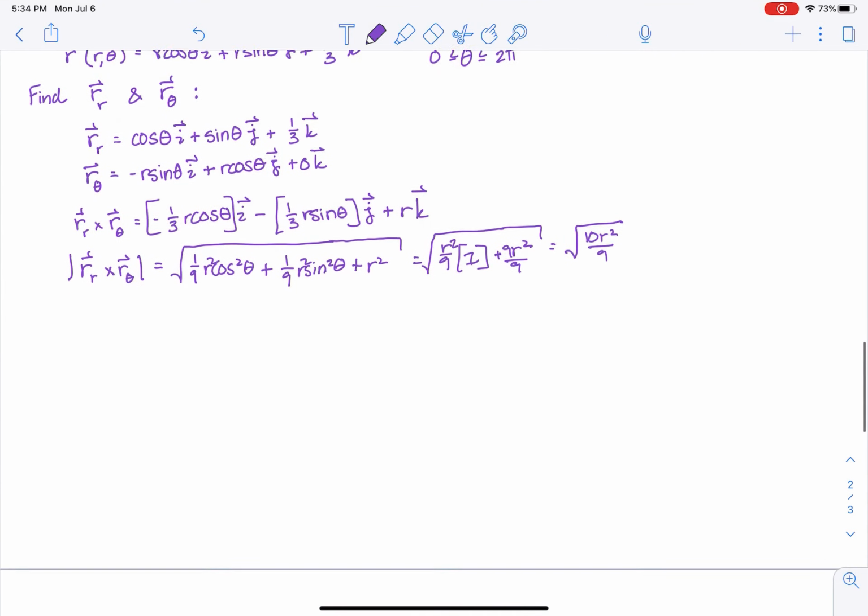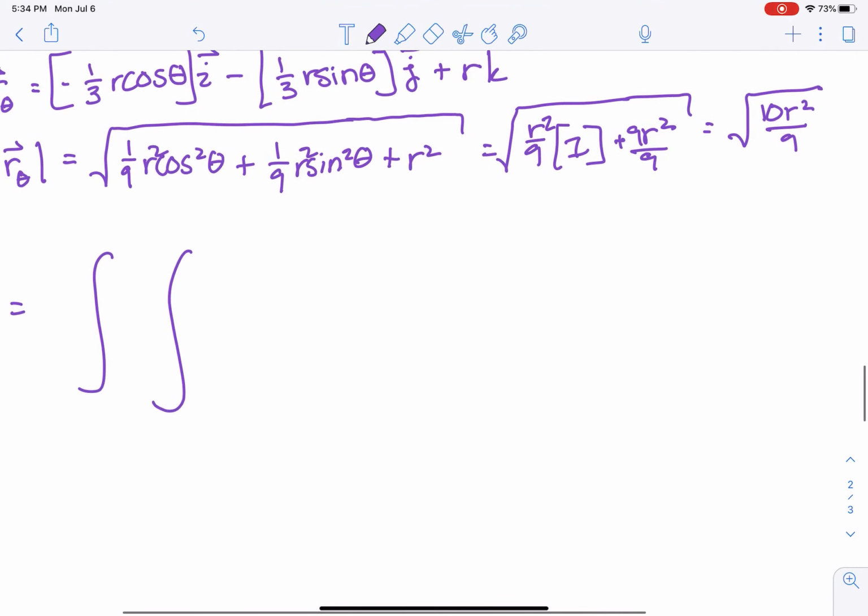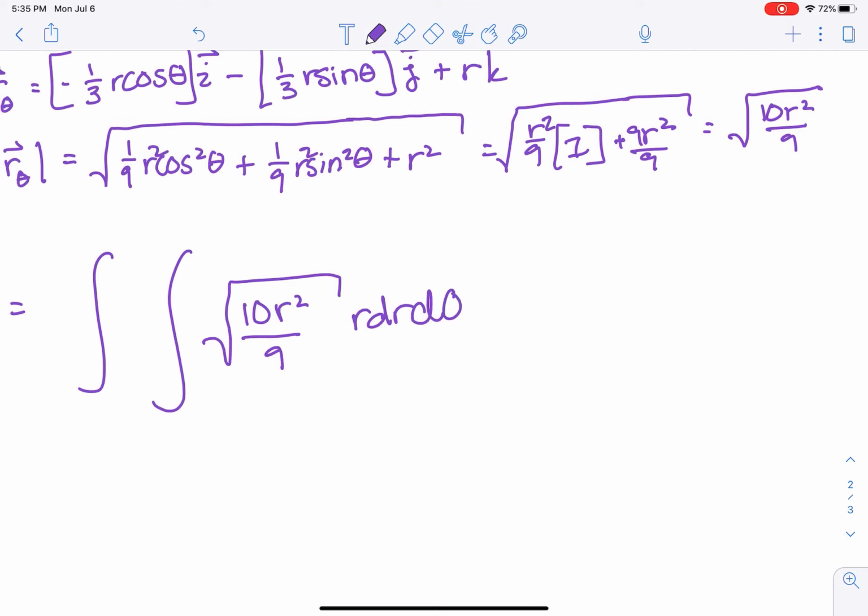So we get area is equal to the double integral of the square root of 10 r squared ninths, r dr d theta, because we're in cylindrical coordinates.